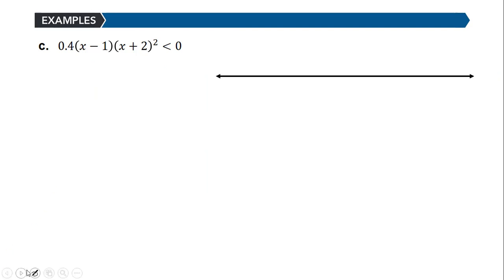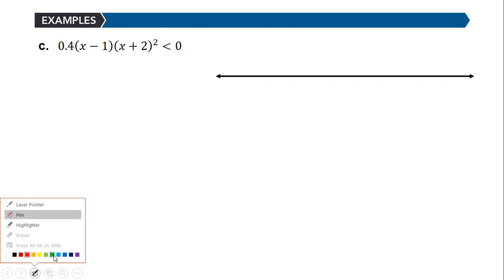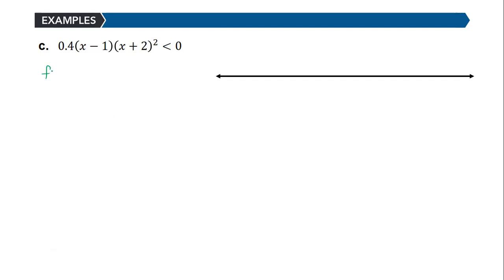Now, graphically, what would I do? My function f of x is 0.4 times (x minus 1) times (x plus 2) squared. It has a degree of 3, which is odd. And its leading coefficient, if I expanded all of that, would be 0.4, which is positive.